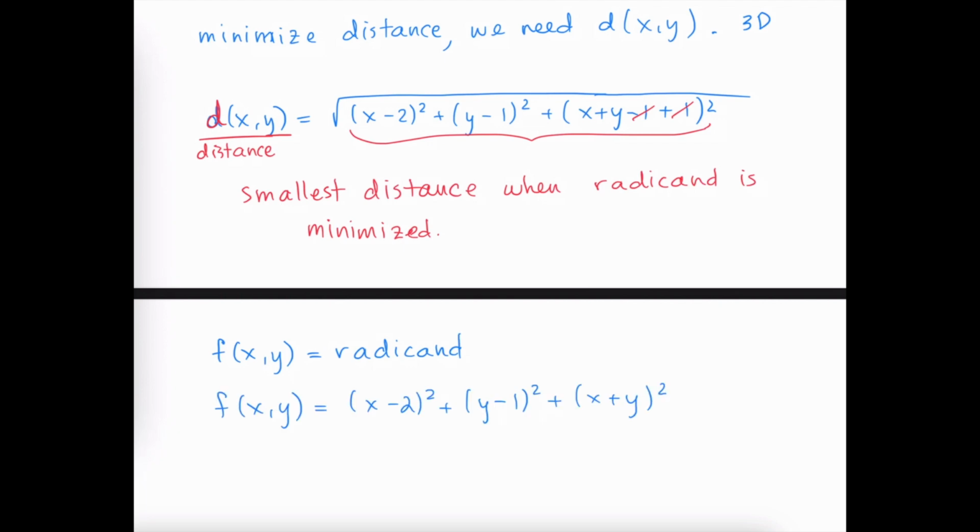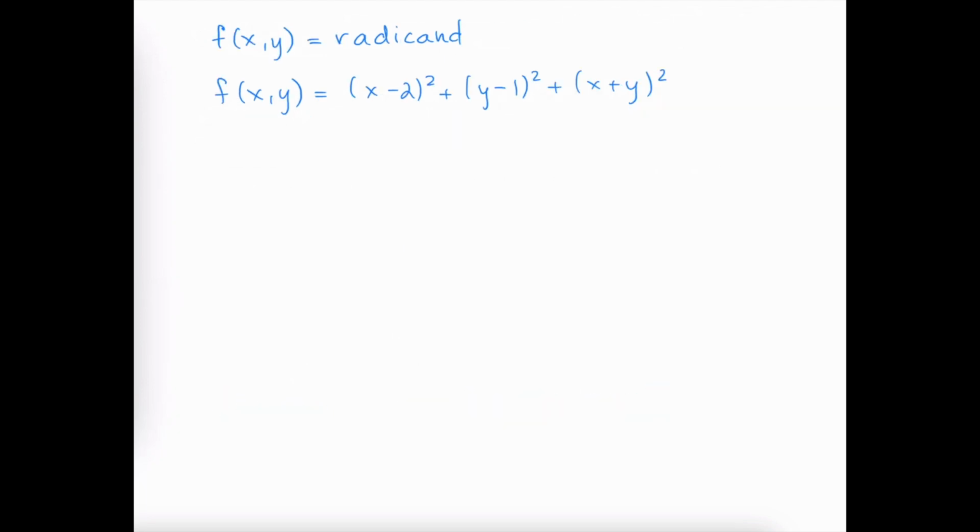So to minimize this radicand, we need to find the first partial with respect to x and first partial with respect to y in order to get those critical values. First partial with respect to x is going to be 2 times (x - 2), this derivative is going to go to 0, plus 2 times (x + y).